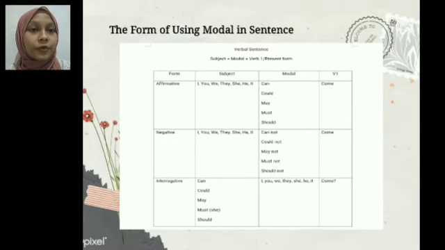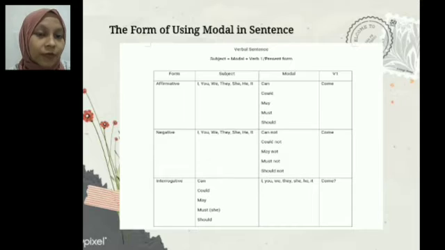The form of using modal in a sentence. Verbal sentence: subject plus modal plus verb 1 or present form. The form is affirmative. The subject is I, you, we, they, she, he, and it. We can use modal can, could, might, must, should, and we can add verb 1. Example is come.